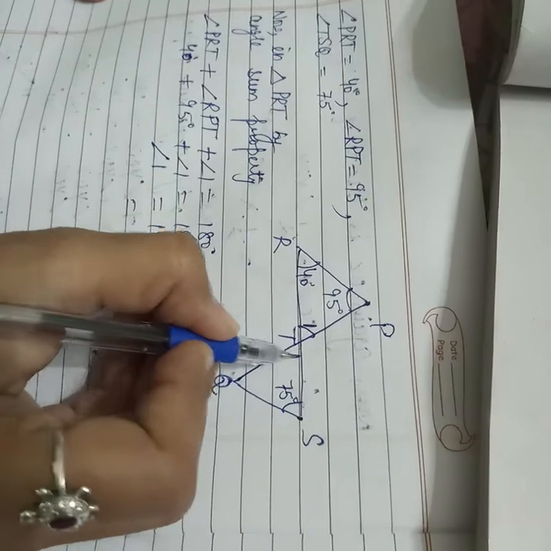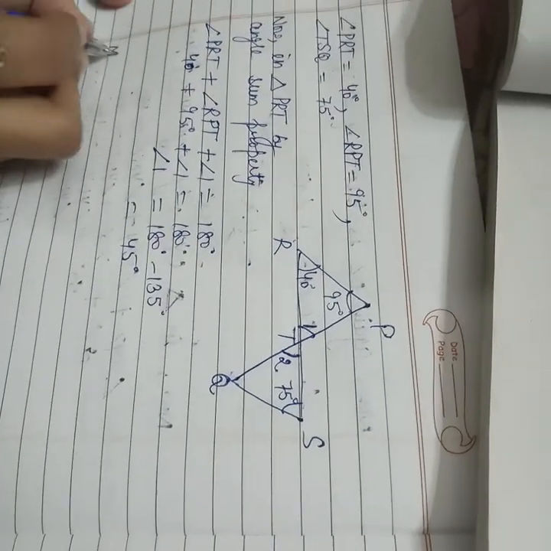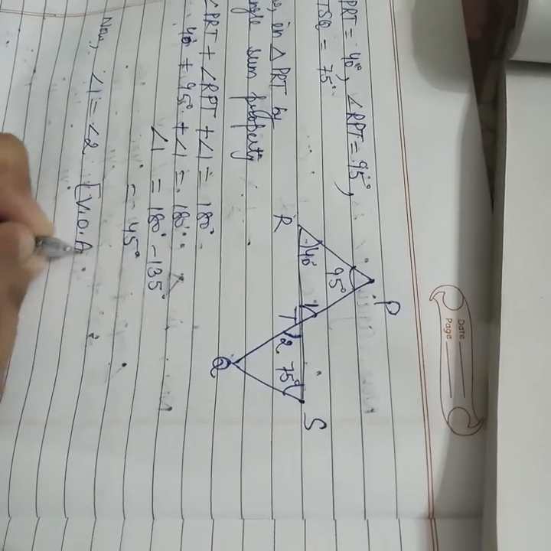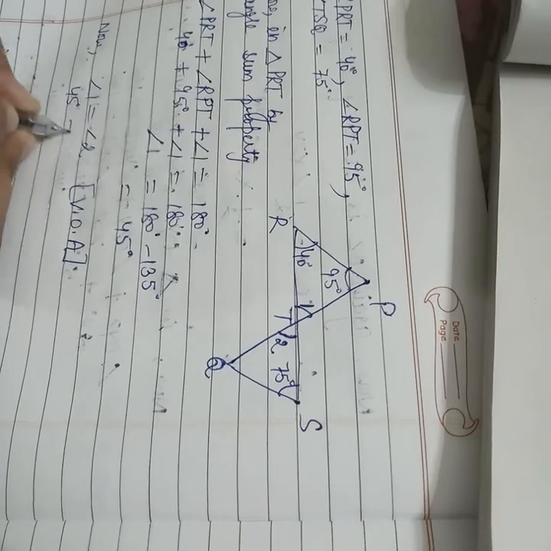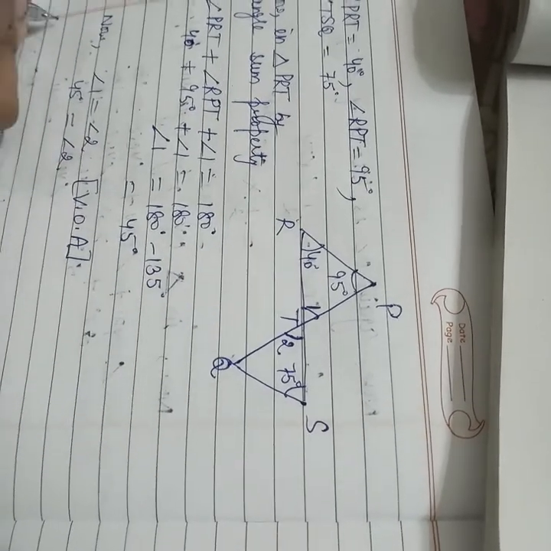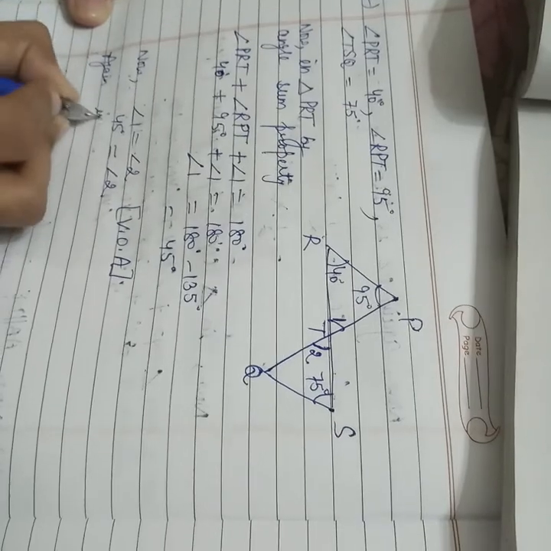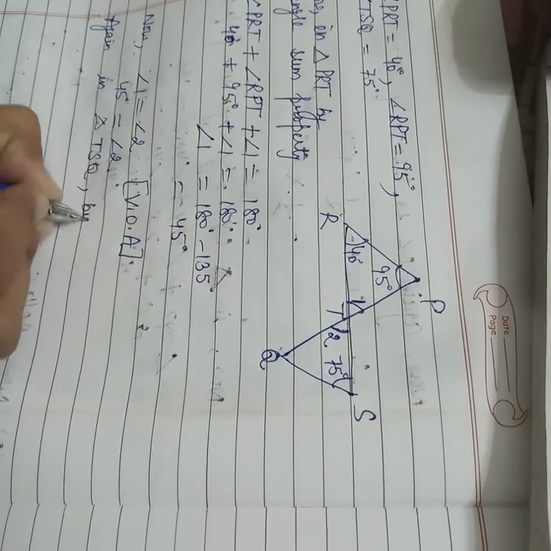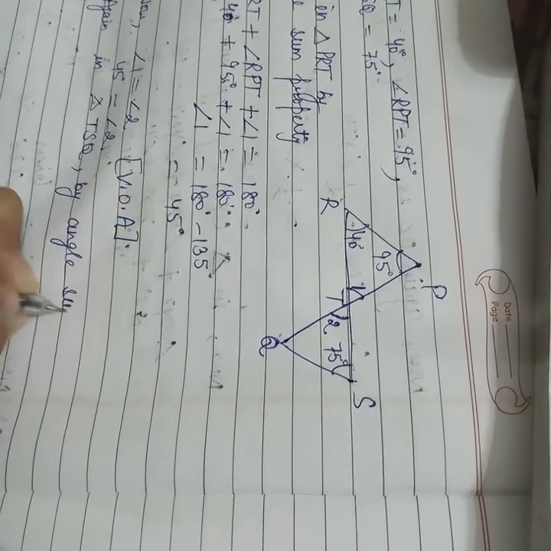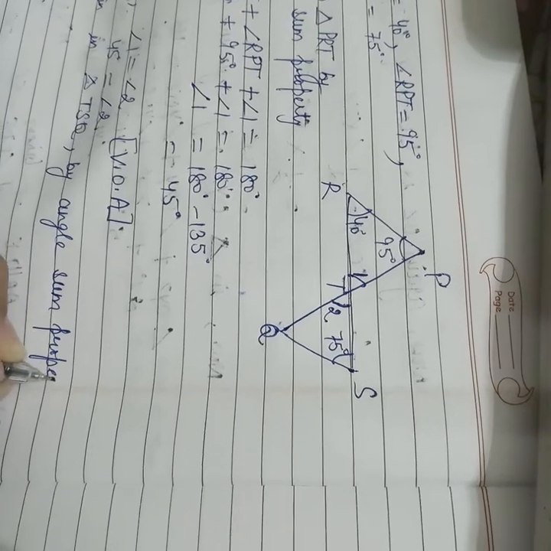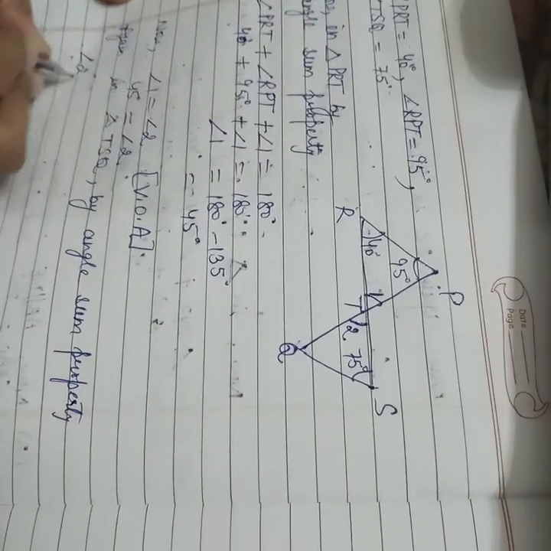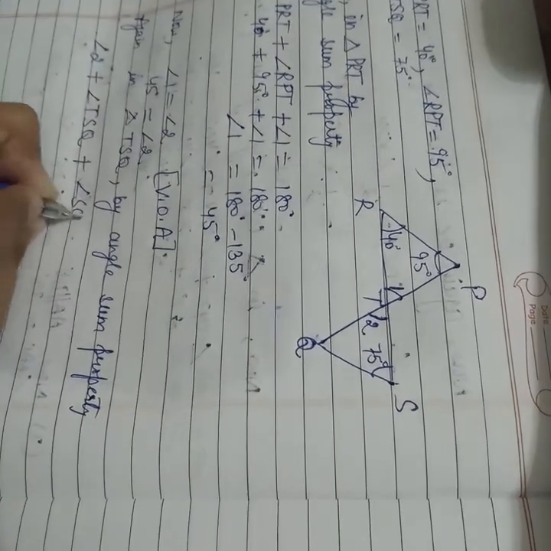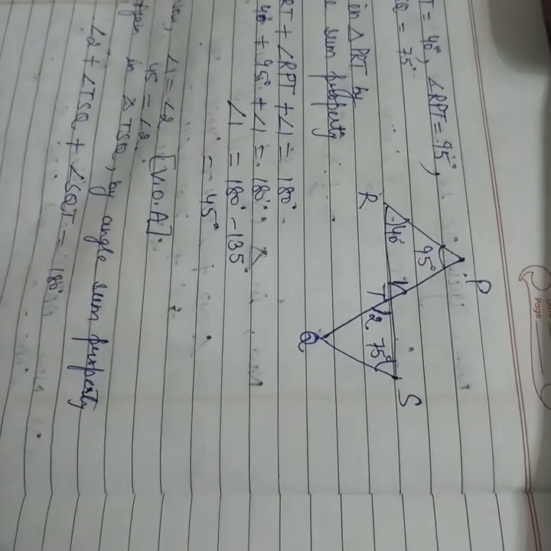Now this is angle 2. Angle 1 equals angle 2 by vertically opposite angles. Angle 1 is 45 degrees, which equals angle 2. Again in triangle TSQ, by angle sum property, we have angle 2 plus angle TSQ plus angle SQT equals 180 degrees.